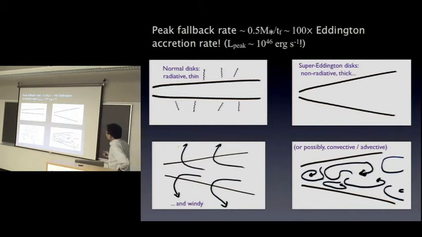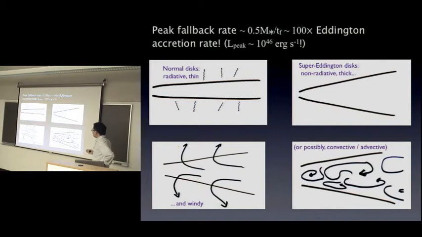So given this fact, the accretion disk formed in a tidal disruption event will have some different characteristics from a normal disk. The normal disk, as seen in AGN or X-ray binaries, is radiatively efficient and thin. But the disk in a tidal disruption event is super-Eddington, so it's relatively inefficient, or we simply call it non-radiative, and the disk is thick.